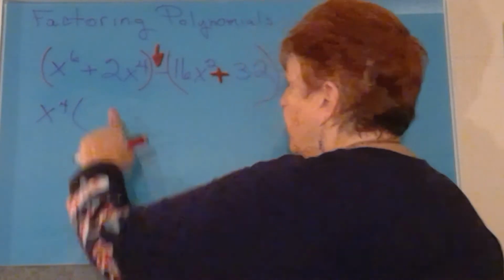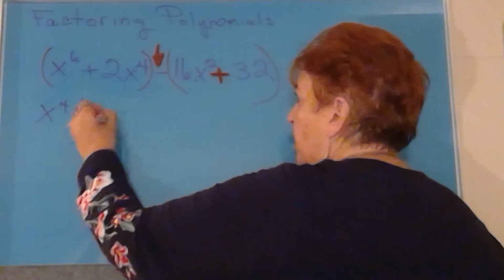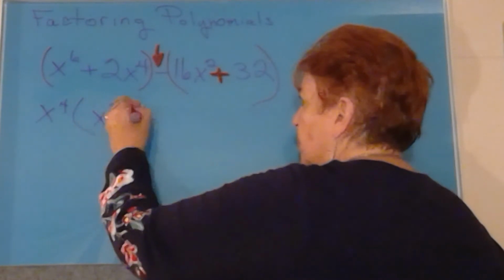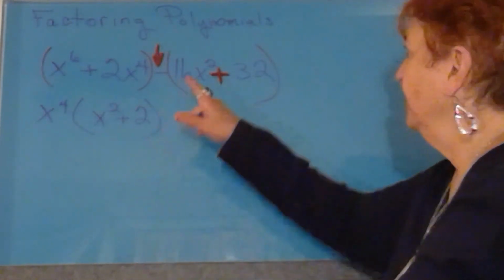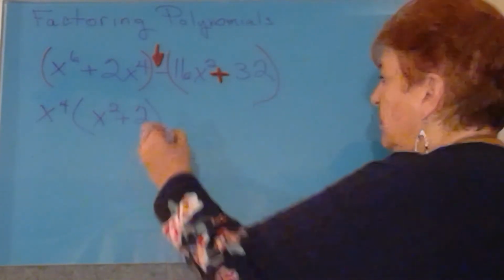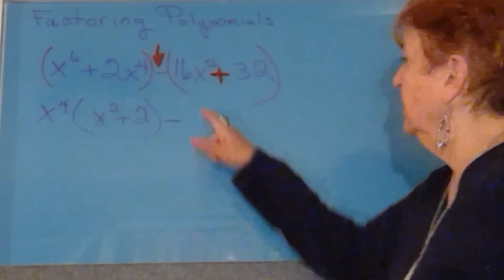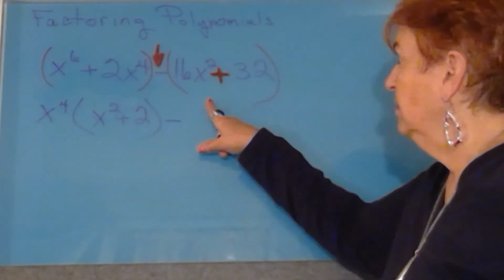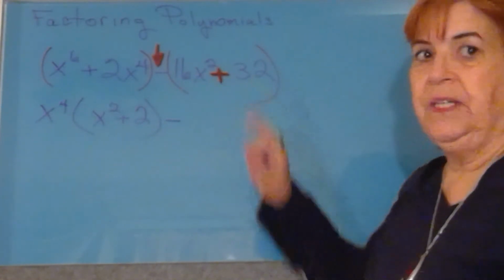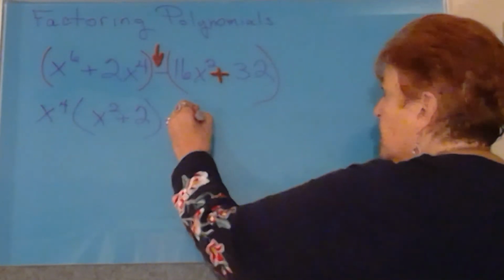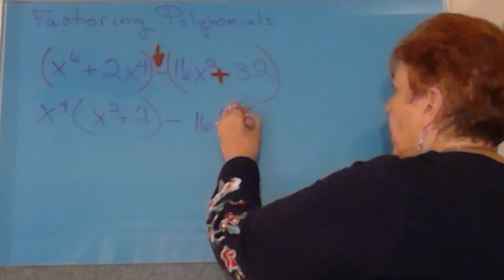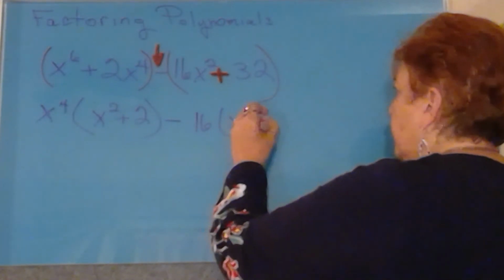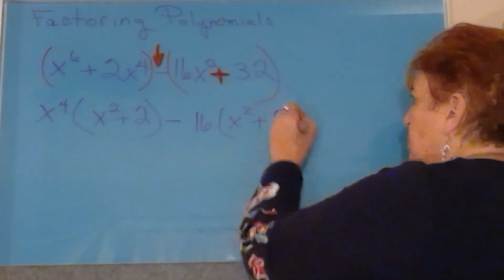When I take out x to the 4th, that's going to leave me with an x squared plus 2. Here, the minus in. That has no x's, but I can take out a 16. And if I take out a 16, that's going to give me x squared plus 2.